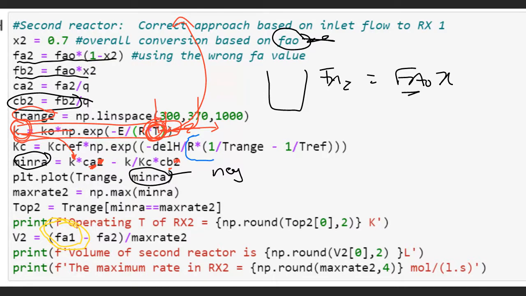The reactor became a black hole, yes. So this was an artificial error. I built this in, so I didn't even run the code to see what would happen. But this is such a silly mistake, and I just want to warn you against it.